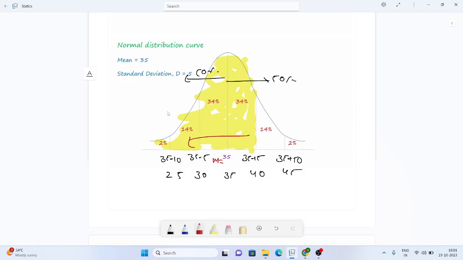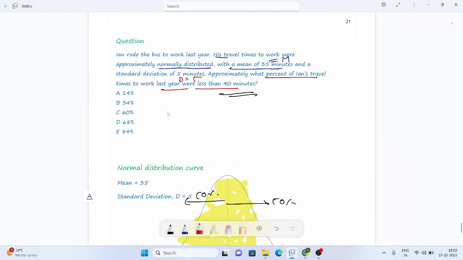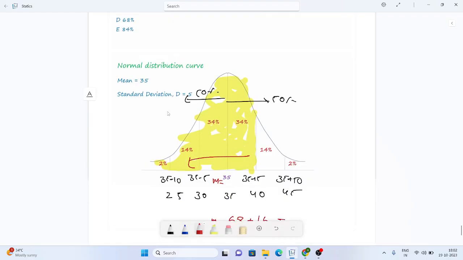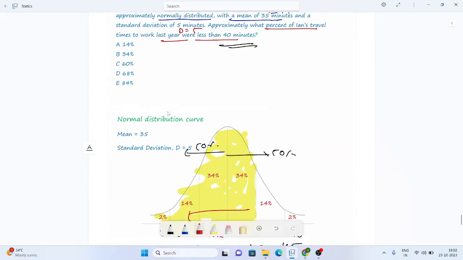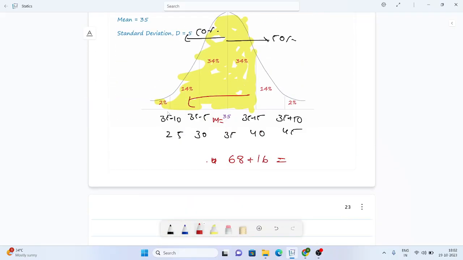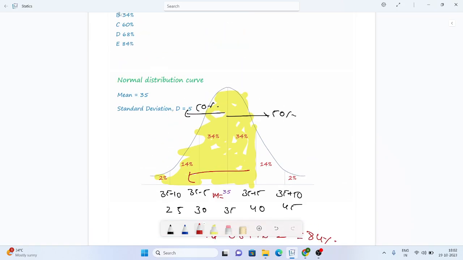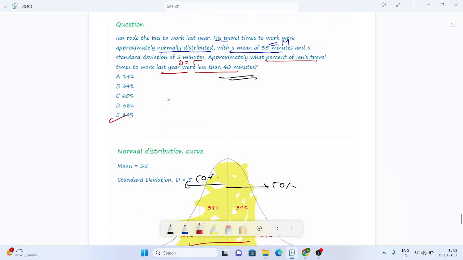So less than 40 is 48, 34 plus 34, 68 plus 16, which is how many percent? Which gives you 84%. The option is E. Did you get this question? Okay, so make a note of this.